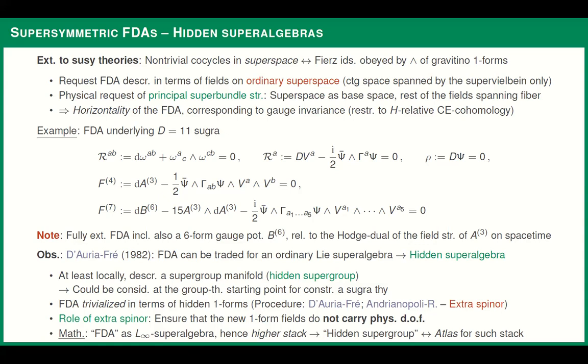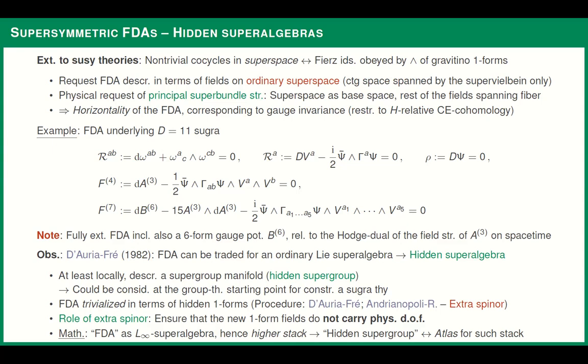But the role of these extra spinors was not clear, and so we went a step further in this direction, showing that from a group theoretical perspective, the new form fields, the extra fields that we have, do not carry physical degrees of freedom. So they are just fields that are necessary because of supersymmetry and because of the construction for this trivialization to be done, but they don't carry extra degrees of freedom.